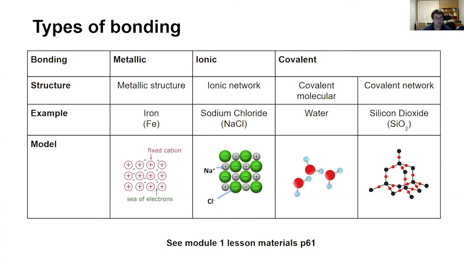It's only going to work in specific cases, and so we need to understand the limitations of the model. So I suggest at the end of this video, you go and read page 61 of the notes and get an understanding of how metallic, ionic, and covalent bonding actually has some limitation as a model to explain the different types of bonding that is going on in substances.